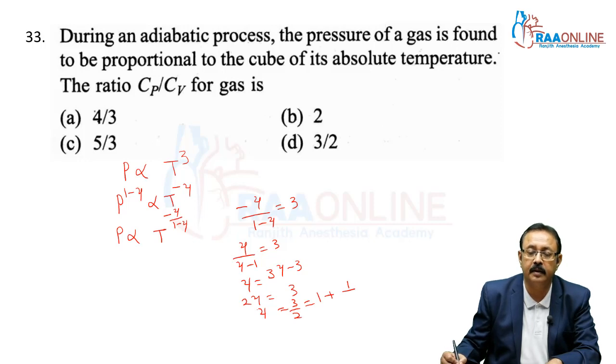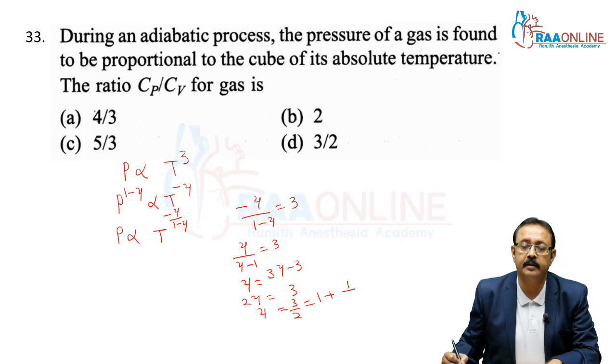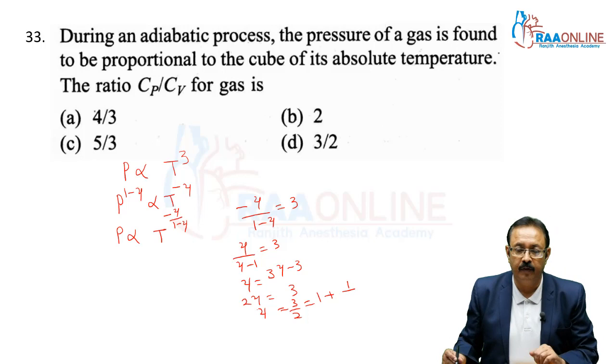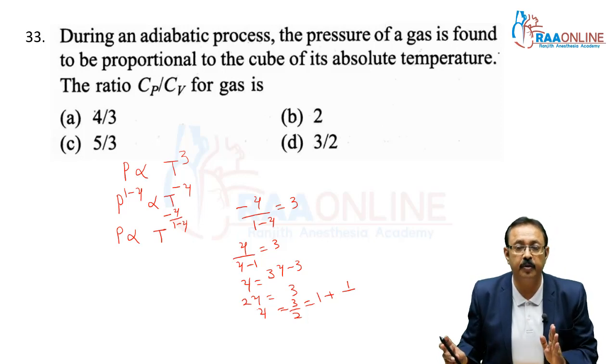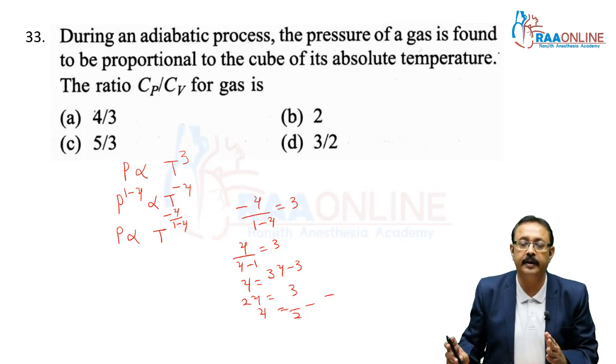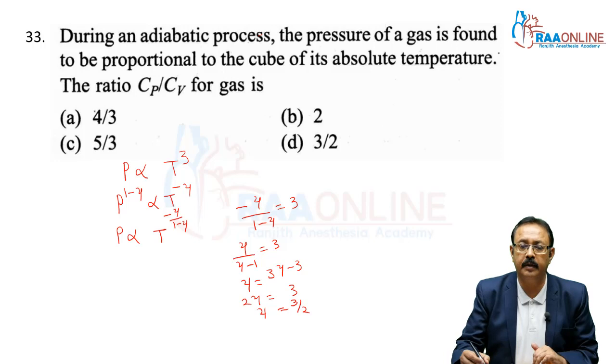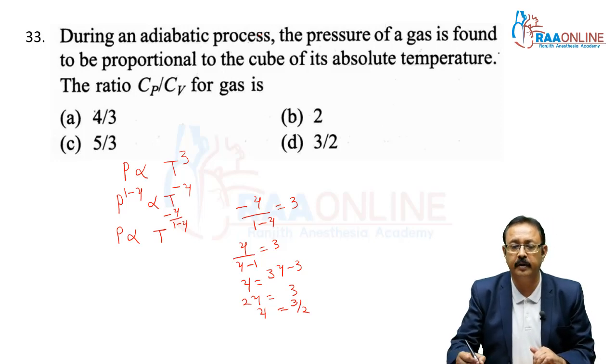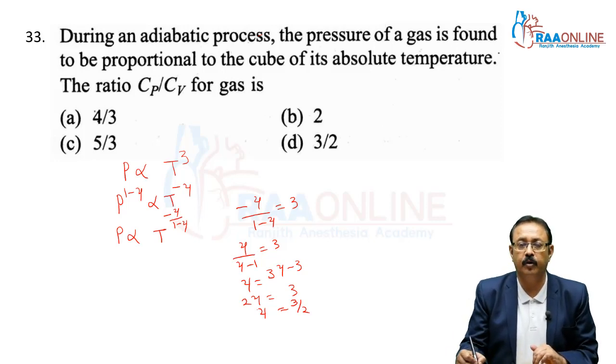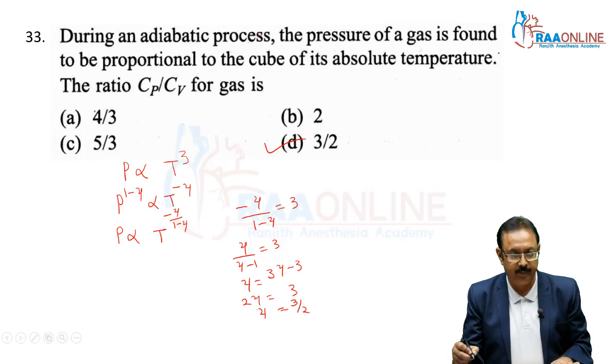They are only talking about gamma, Cp upon Cv. So we got gamma 3 by 2, not asking which type of gas this is. They are asking only about gamma. So we got the gamma, and we will go with option D.